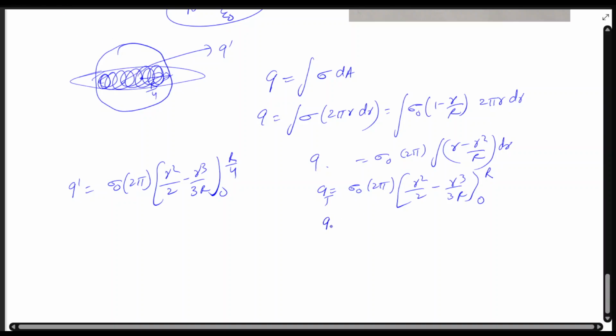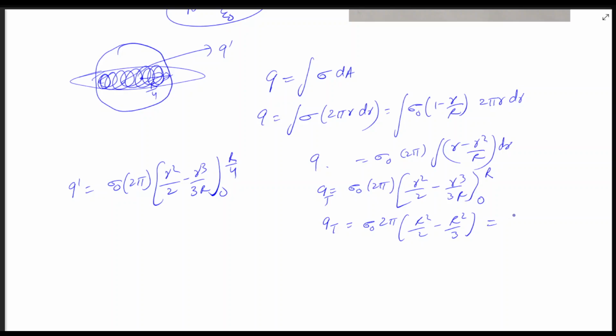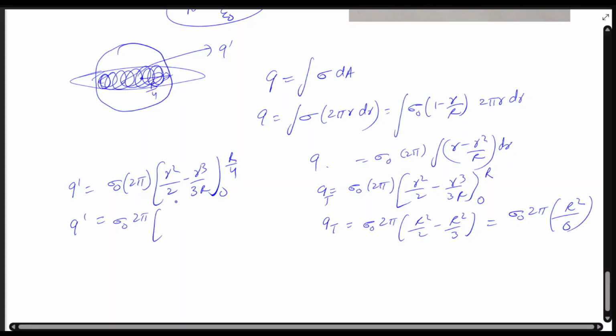So in this case it will be rho naught 2 pi. If I put R, it will be R square by 2 minus R square by 3. So we will get rho naught 2 pi R square by 6. Now here we'll get rho naught 2 pi, R by 4.